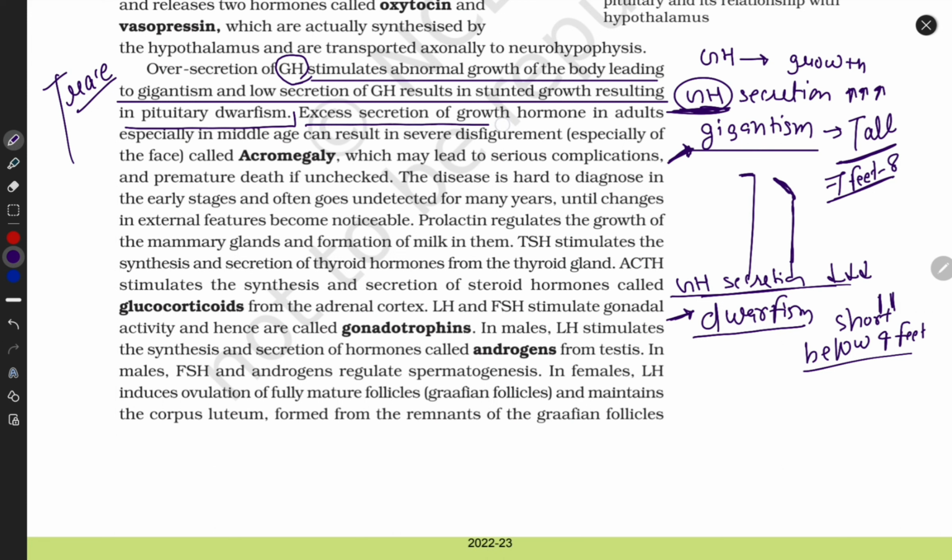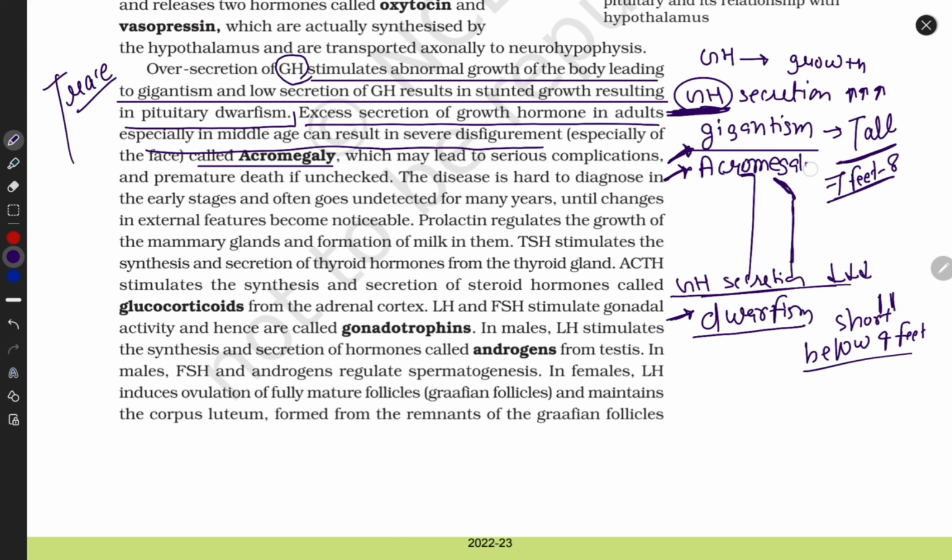Excess secretion of growth hormone in adults, especially in middle age, can result in severe disfigurement, called acromegaly. When these kinds of persons suffer from hypersecretion of growth hormone, they also suffer from acromegaly.